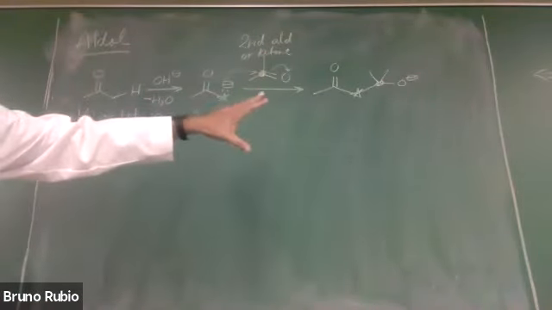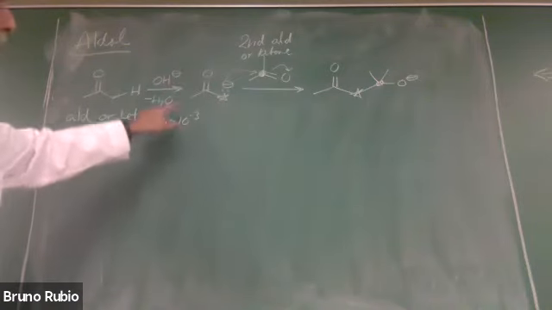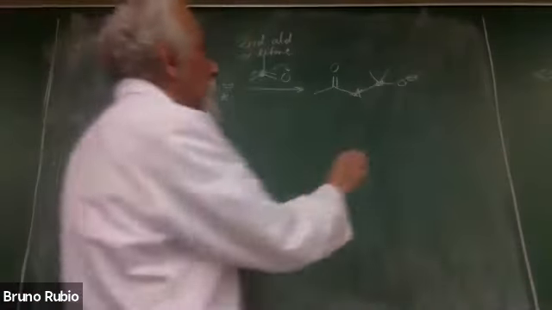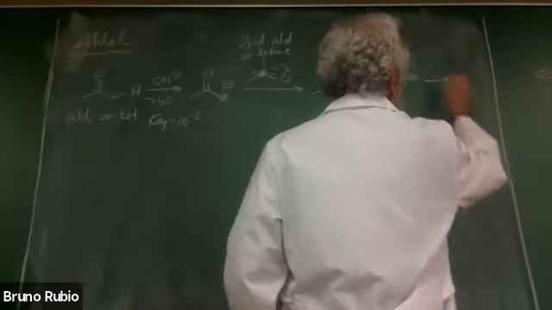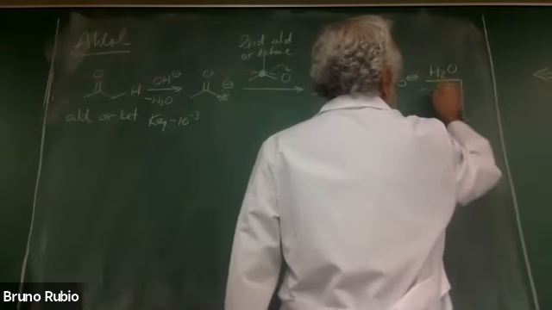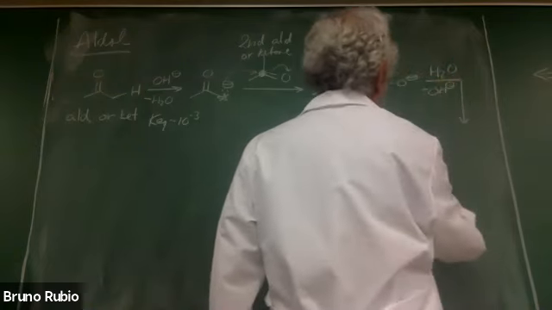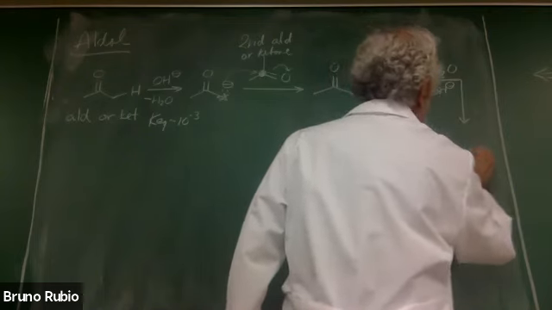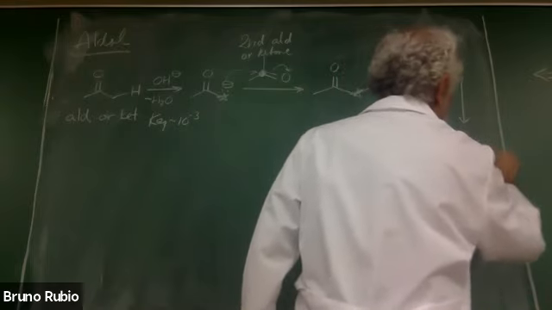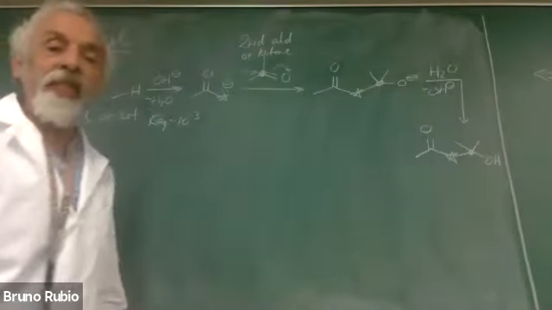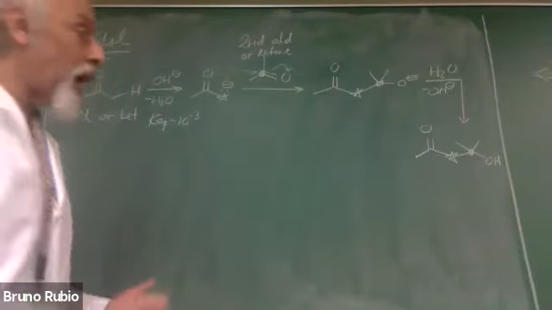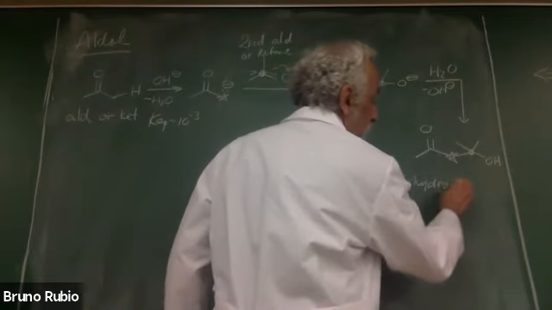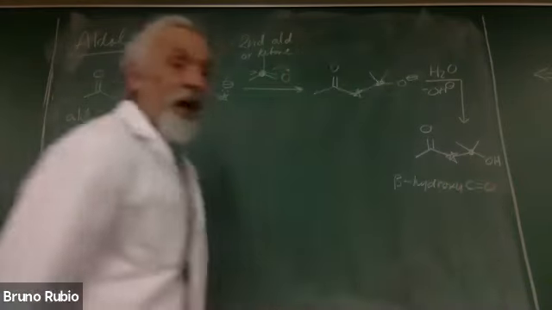And that O minus is now protonated by the water that was produced in this first step. So water comes in, functioning as an acid. Hydroxide is produced, and so I get this material here. All right, this is called a beta hydroxycarbonyl compound.